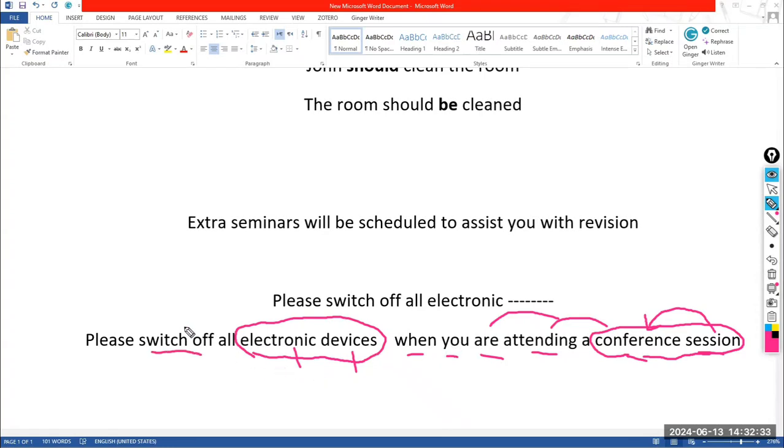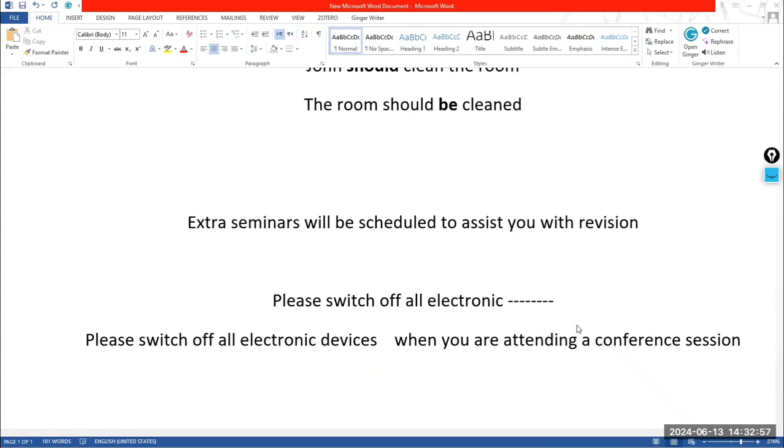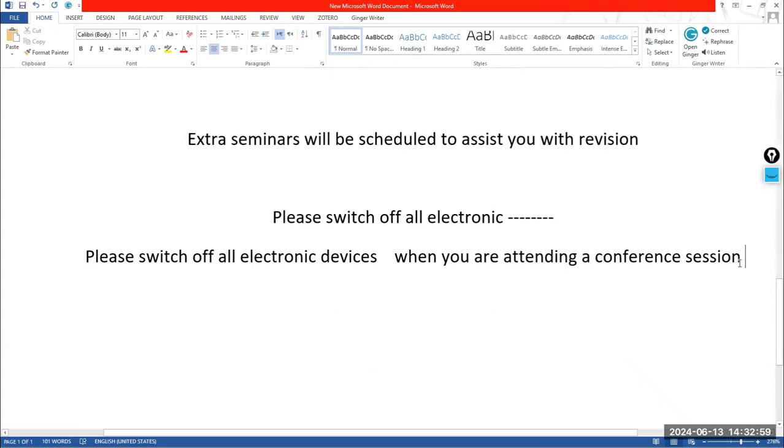And switch off is a verb. The focus is not on verbs at all. So this is what you have to do to be able to write the full sentence that already has a full meaning. I know it is a little hard, but believe me, by practicing, by applying the rules and the skills, you will be better and better.